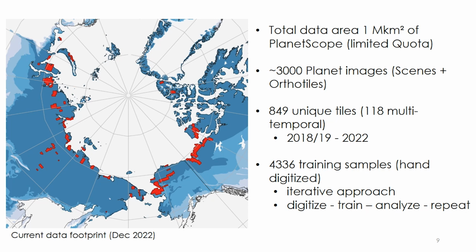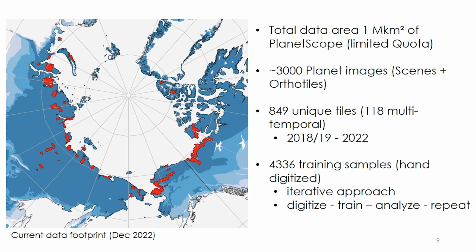This is an intermediate result. We had a PlanetScope quota of about 1 million square kilometers. We expanded our studies to these areas, which are selected areas where we know that thaw slumps are happening or are very likely. We have over 3,000 Planet images. At the moment, for upscaling, we use PlanetScope orthotiles because they're a bit easier to handle and better to organize.